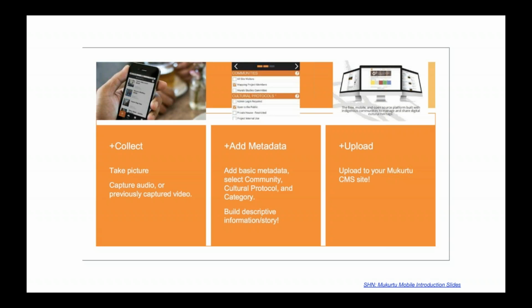It maintains all their site protocols, communities, and categories, and it doesn't contain all the metadata, but it has quite a few of the metadata fields for you to add. And then once the content is synced to your site, you can go back and edit and extend that metadata as you see fit.